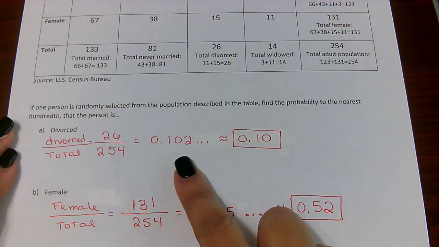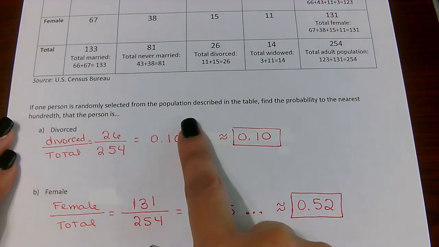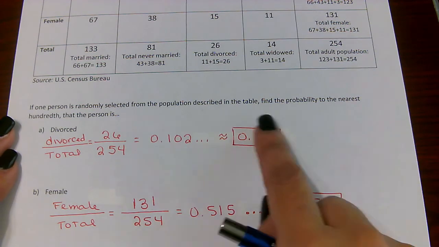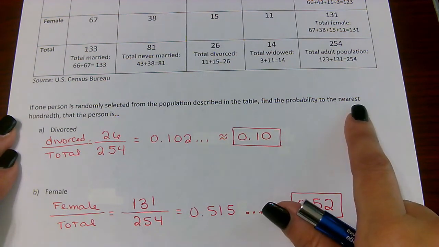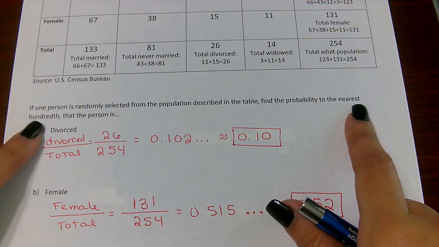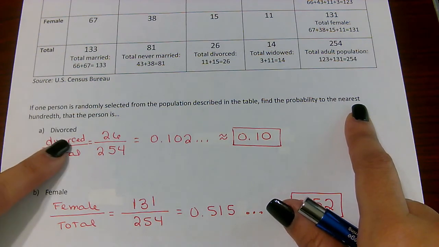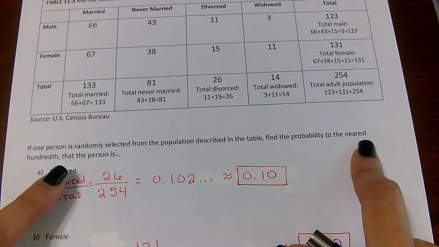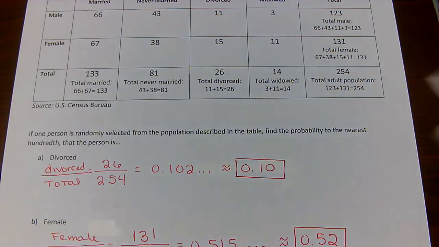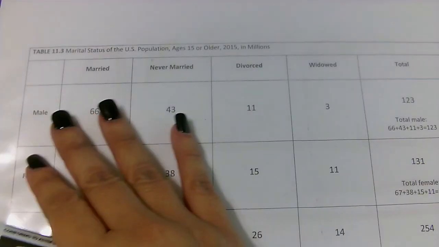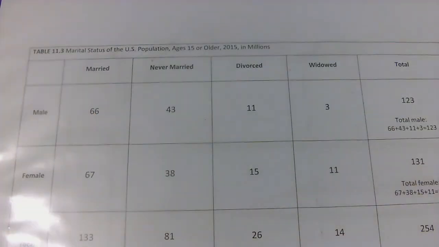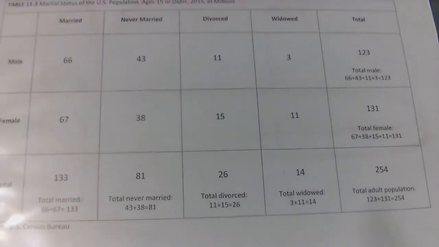It says, if one person is randomly selected from the population, describe the probability to the nearest hundredth. So now we're wanting 2 decimal places that the person is divorced. Well, I have the exact same table in my cover sheet here because we're going to be doing several of these problems.